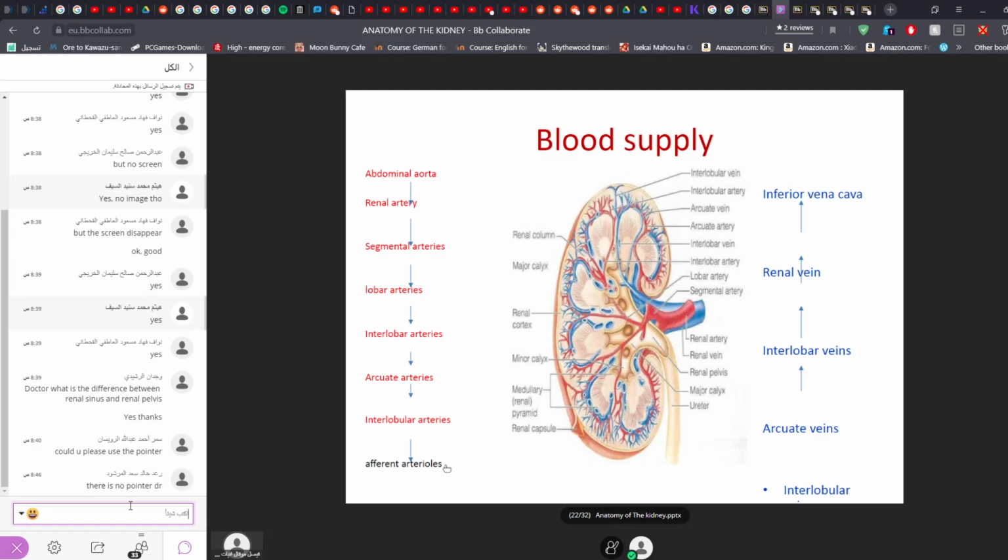Then goes to the glomerulus, then efferent, vasa recta, and all, then arcuate veins, interlobar veins, renal veins, and inferior vena cava.